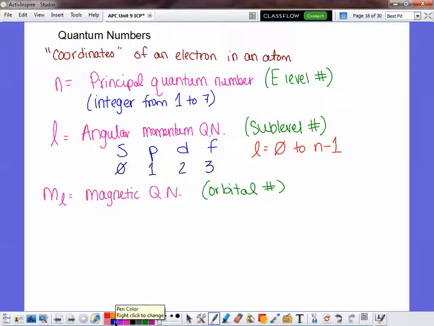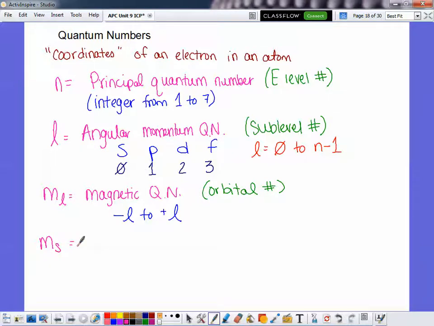The possible numbers for m sub L depend upon what L is, because it depends on what sublevel you're in. So m sub L will be anything from negative L to positive L. This is probably the hardest to understand, but once we do examples, it'll become clearer.